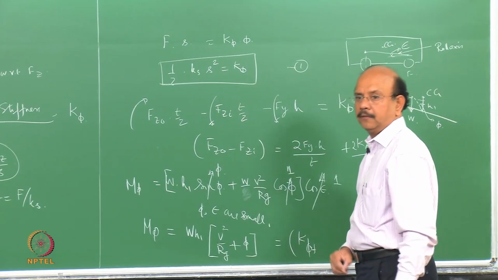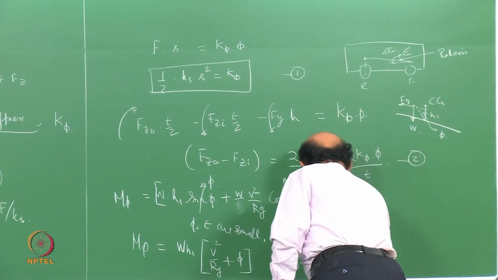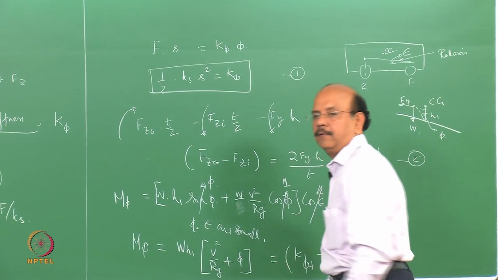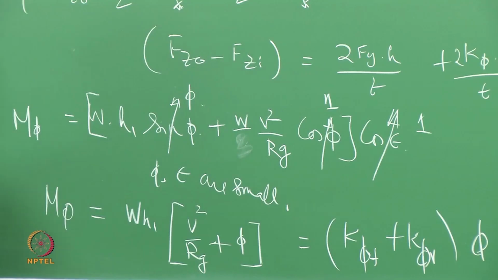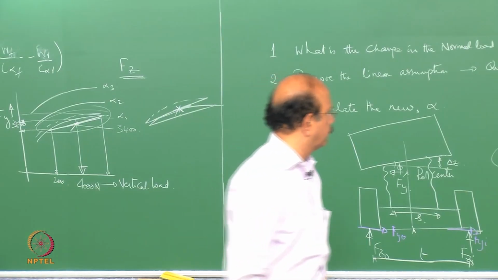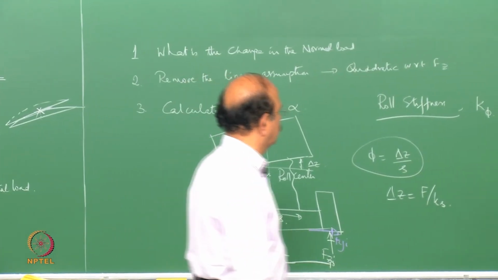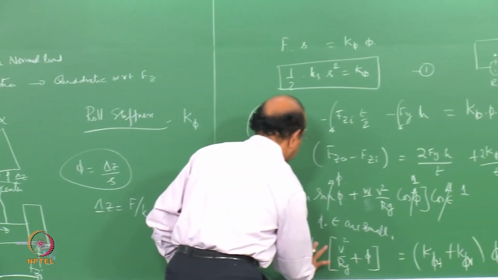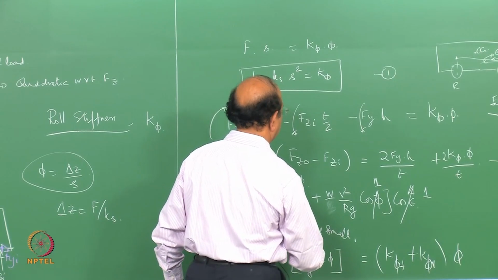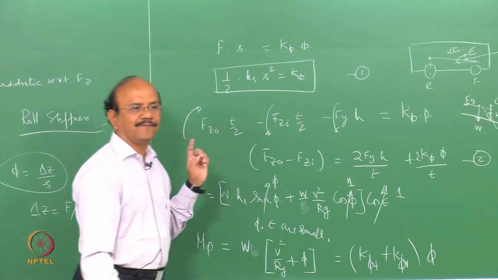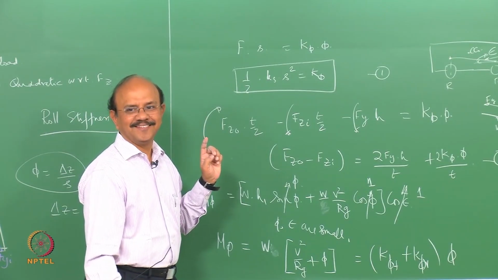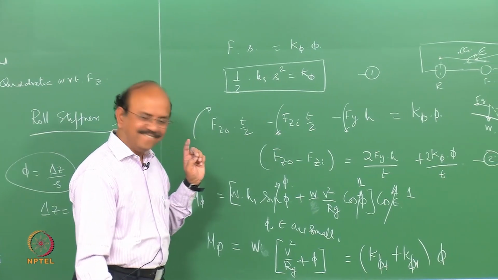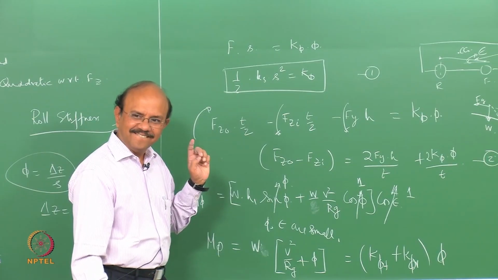What's K phi front? Okay, plus K phi rear. That is the roll stiffness multiplied by phi. Yes. V squared by RG. Okay. Phi H1. Where did I leave H1? There. V square by RG H1, and then there will be again H1 with W.